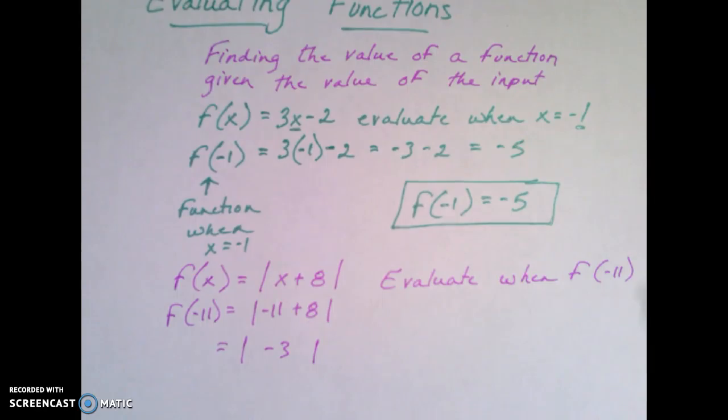Now we need to take the absolute value of negative 3. Remember, when we take the absolute value, we're finding the distance from 0. Negative 3 is 3 units from 0, so the absolute value of negative 3 is 3. So the value of our function when x equals negative 11 is a positive 3.